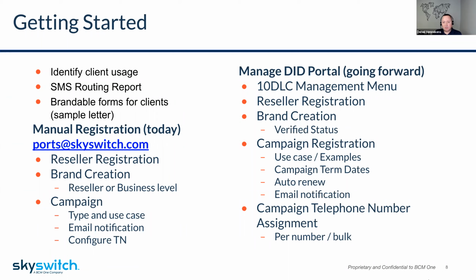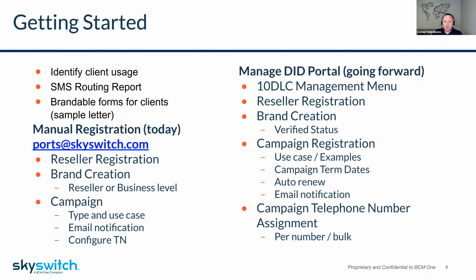From there, if you haven't already done it, you'll set up your reseller registration, and then your brand creation, whether it's just for your reseller or your business or your clients. From there, you'll drive down to the campaign. At a minimum, you're likely going to have a conversational campaign set up for your business so that you can send and receive SMS messages via your apps or what you do today, whether it's going through a URL or email.